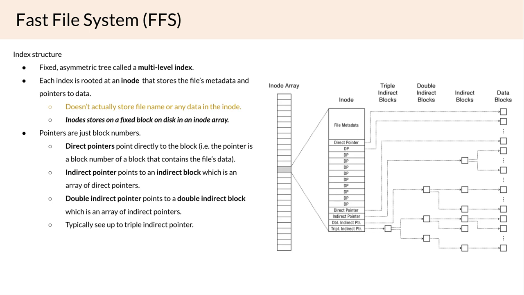A doubly indirect pointer is very similar, except there are two levels of indirection, so two levels of pointer-filled blocks. The doubly indirect block is filled with pointers. Each pointer here points to an indirect block, which is also filled with pointers. So you can see this tree-like structure in the diagram on the right.